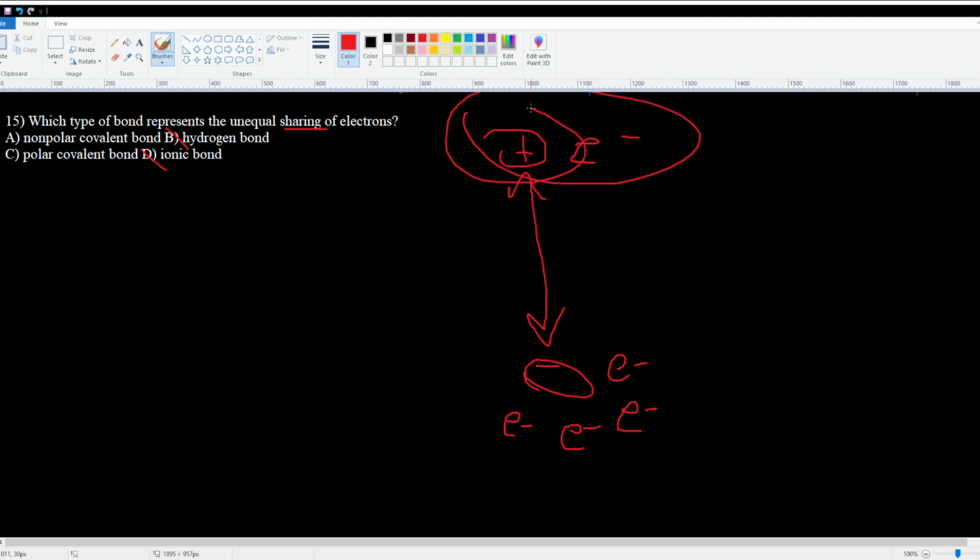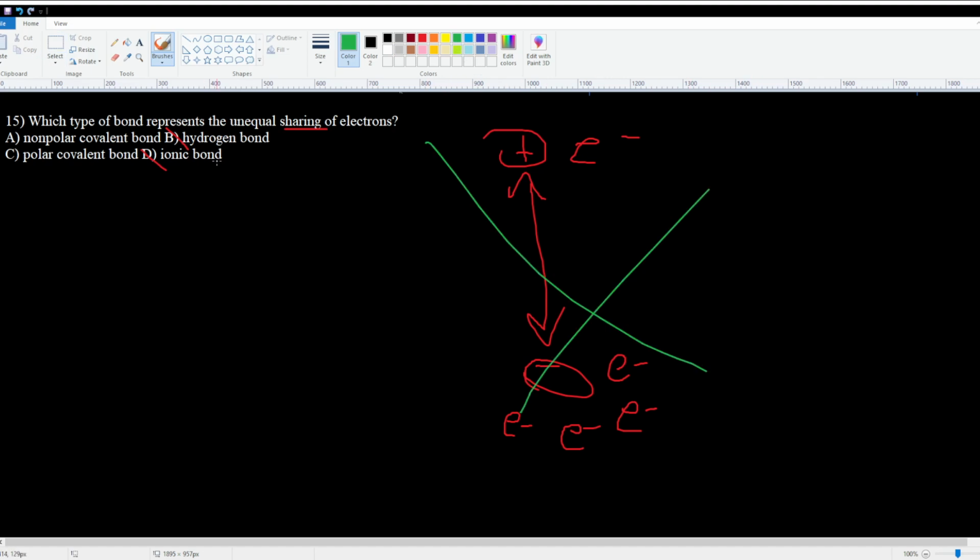So this end is always going to be more positive. So if we don't have these poles, then it's just going to be nonpolar, right? So we could eliminate nonpolar covalent bond, which leaves only polar covalent bond.